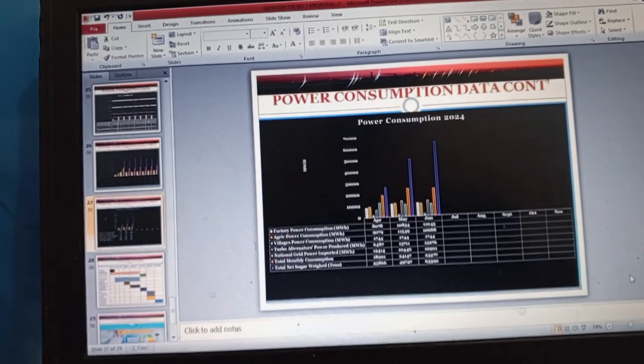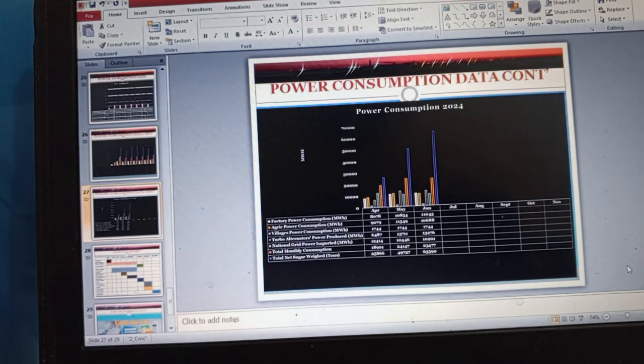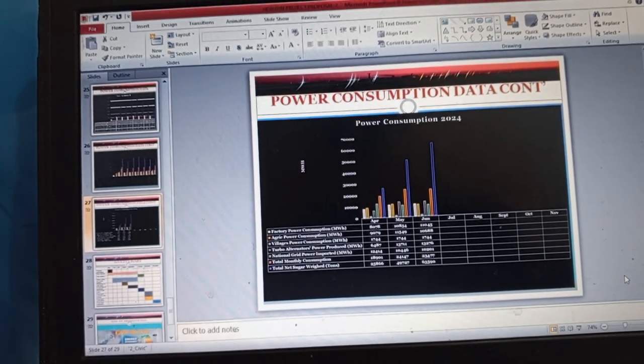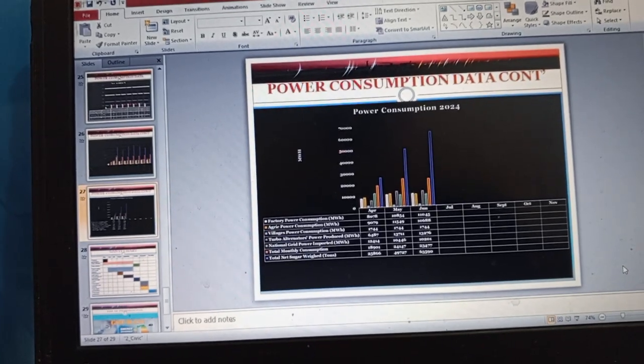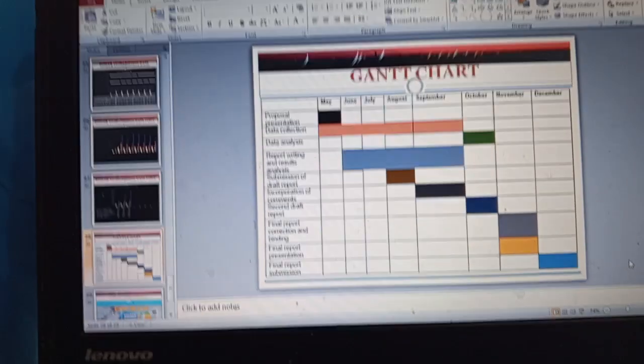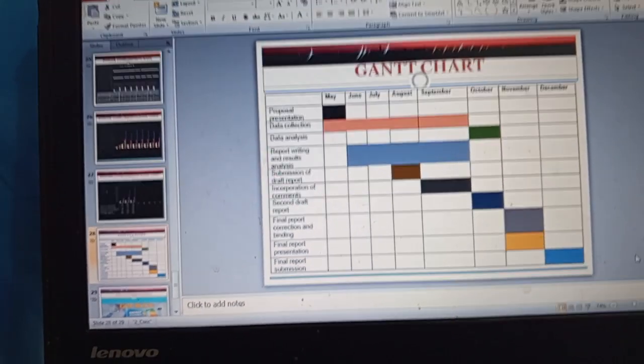Yeah, I think that's all. Of course, I didn't include the data for the survey, but I think that will come into the final presentation of my project. Then I think that's the Gantt chart for the project.